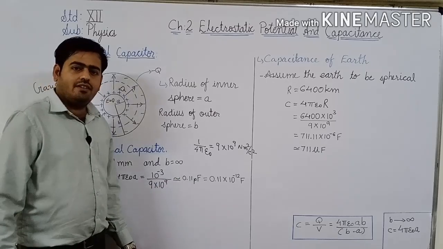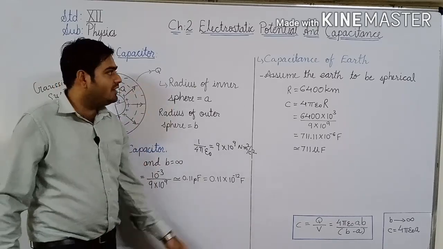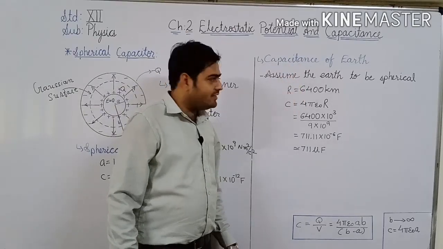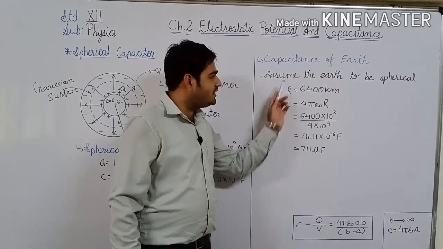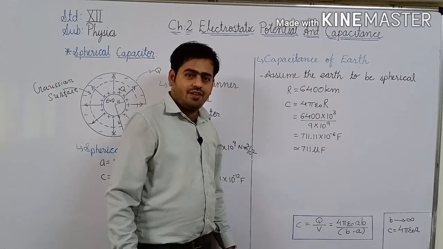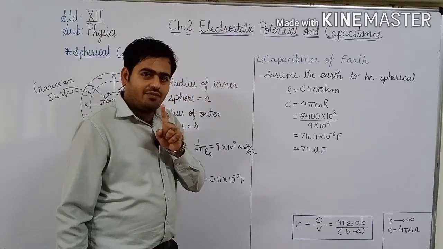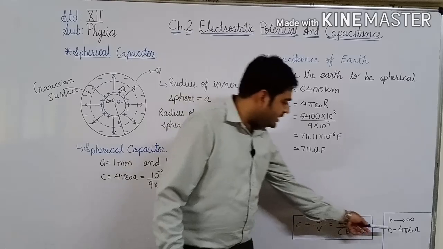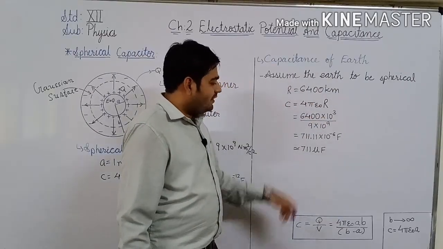Now, if we consider a very large conducting sphere, it means if we want to find the capacitance of earth and assume the earth to be spherical, then we can find the capacitance of earth. Whenever we consider only one single spherical conductor, at that time the formula is 4 pi epsilon naught into A. What is A?